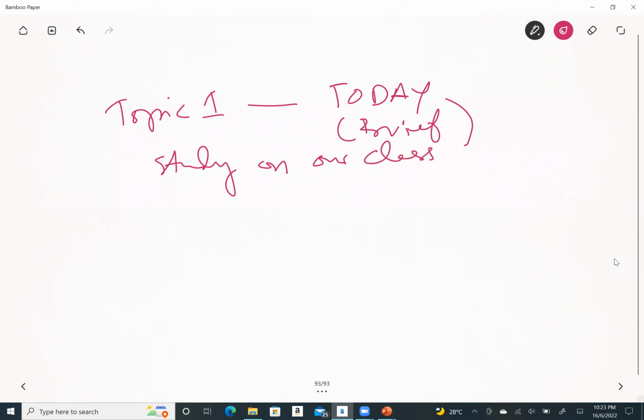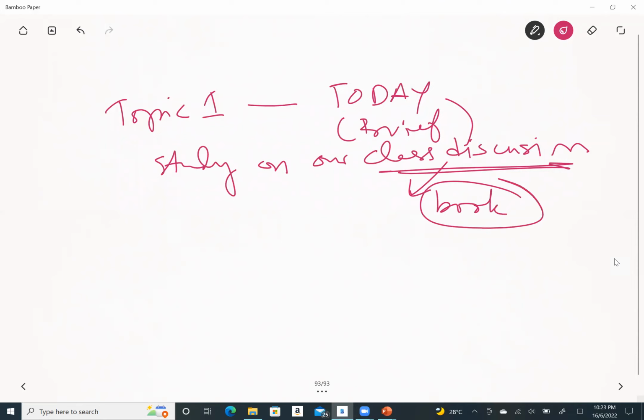You don't read the book first. Study based on our class discussion, and then you refer to the book, so that you don't have to read the whole chapter. I don't cover the whole chapter. I just cover selectively the things that you need to cover. So that's how things are.